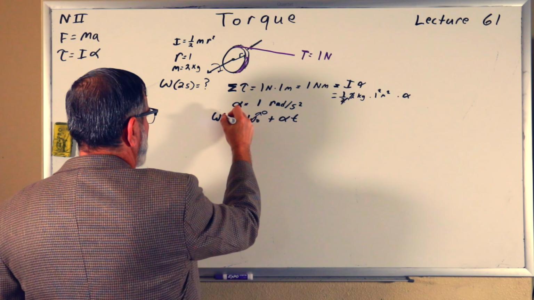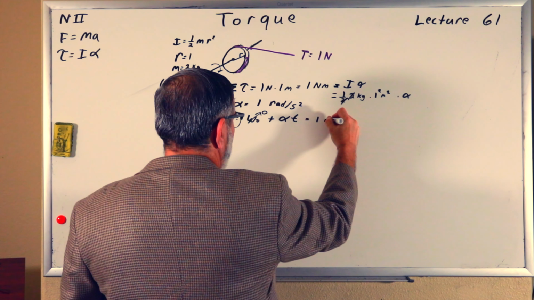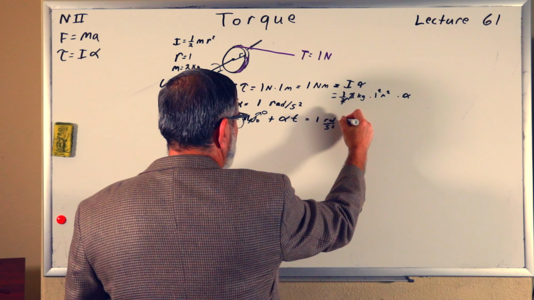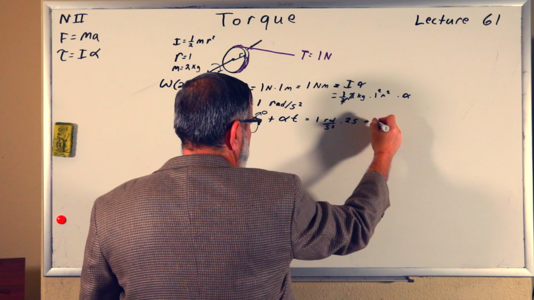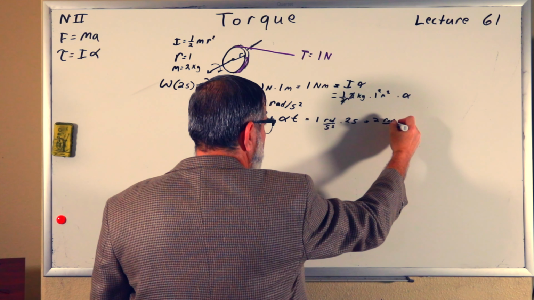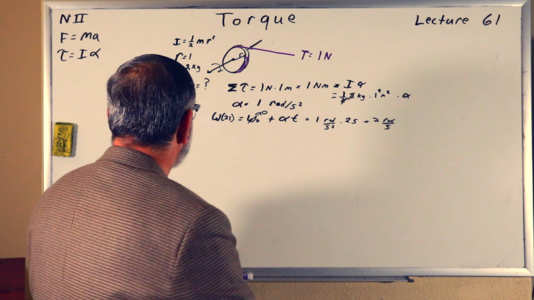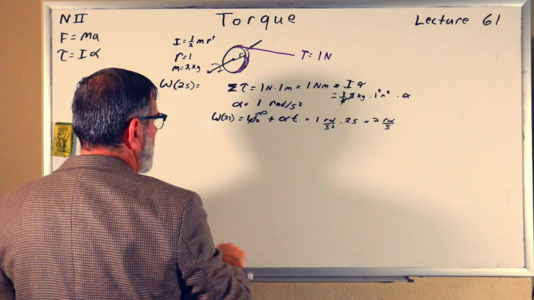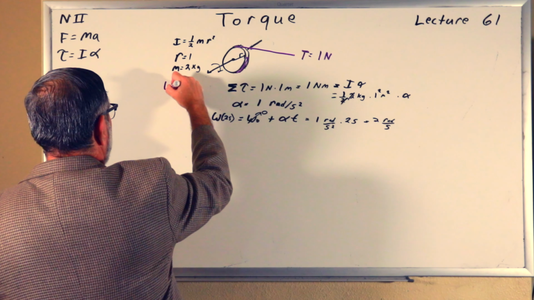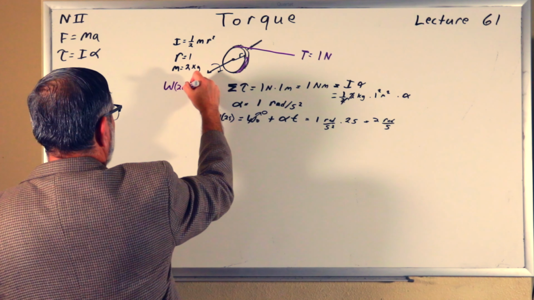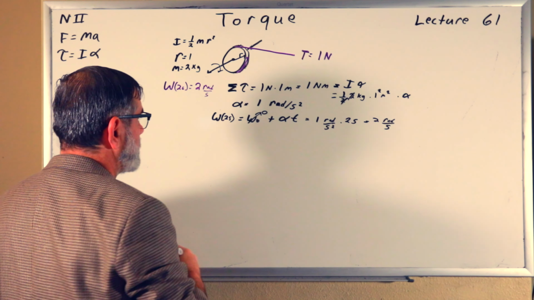And so omega at 2 seconds is going to be equal to just alpha, which is 1 radian per second squared, times the time of 2 seconds. So that's going to be equal to 2 radians per second. So we can fill that in over here. Let me write this in purple, the questions. Omega at 2 seconds equals 2 radians per second.